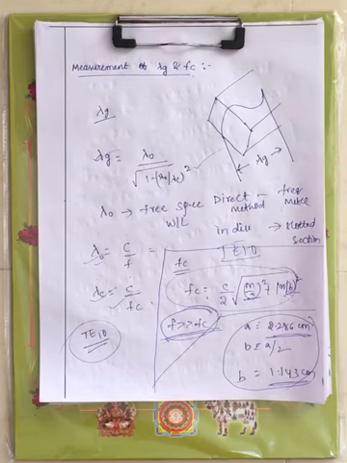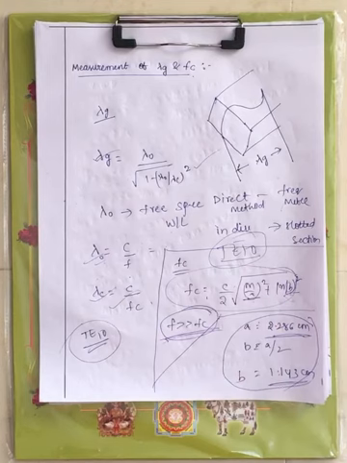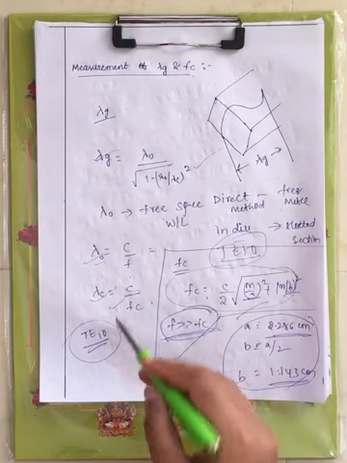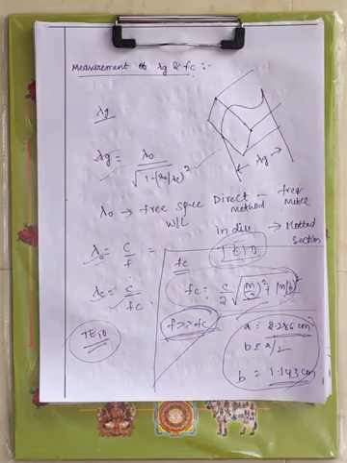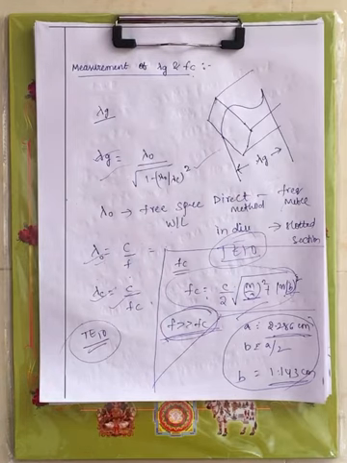For this dominant mode, theoretically you have to calculate fc and lambda g, and practically you have to measure them in your lab, and check whether you got the same values or not, right? You will get nearly the same values, but slight variations will be there. You won't get exact values, right? This is about the measurement of lambda g and fc.